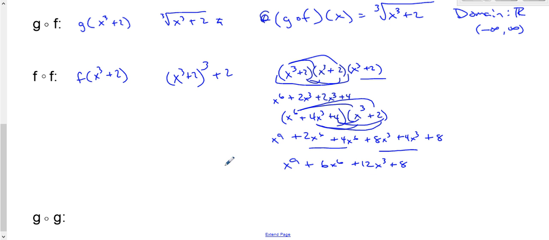So we have f of f of x is equal to x to the ninth plus 6x to the sixth plus 12x to the third plus 8. Oh, I also have the plus 2 out here. So we have to add the 2.